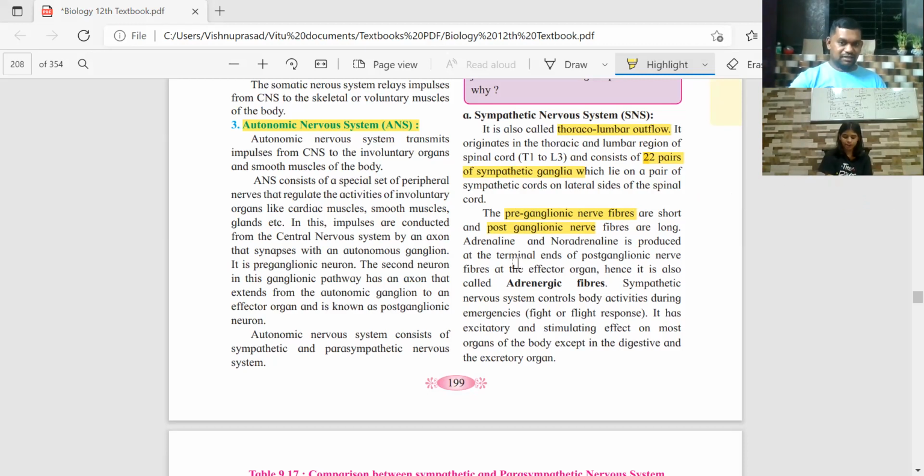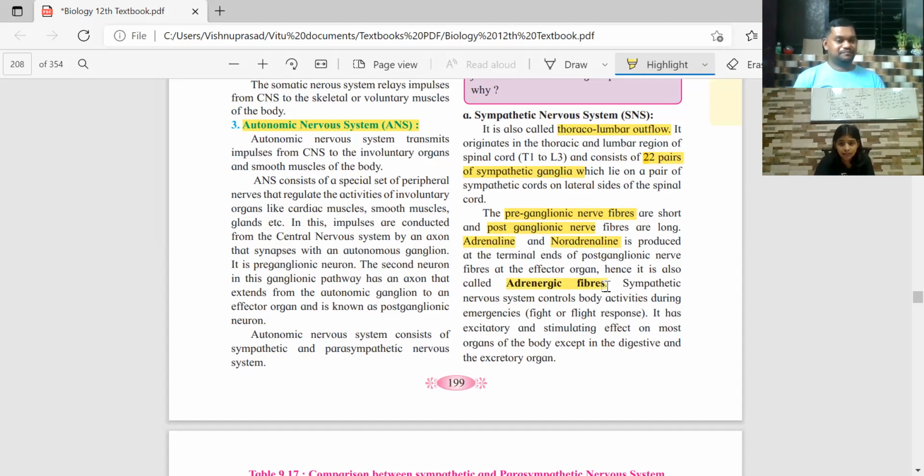Two hormones are produced. We are going to study hormones in another part of the lesson, but remember adrenaline and noradrenaline. These two hormones are produced at the terminal ends of the postganglionic nerve fibers, so they are also called adrenergic fibers.